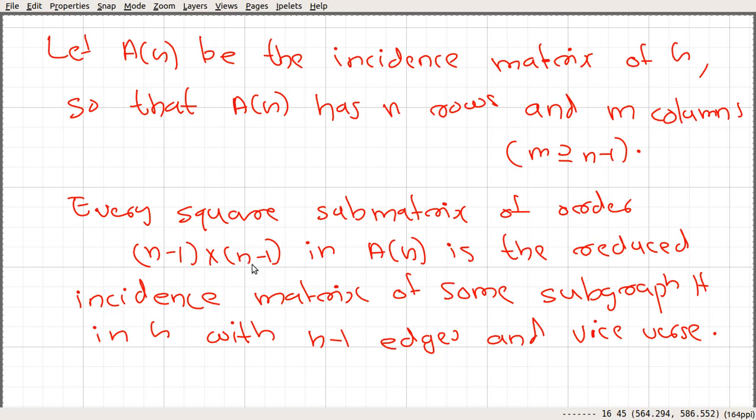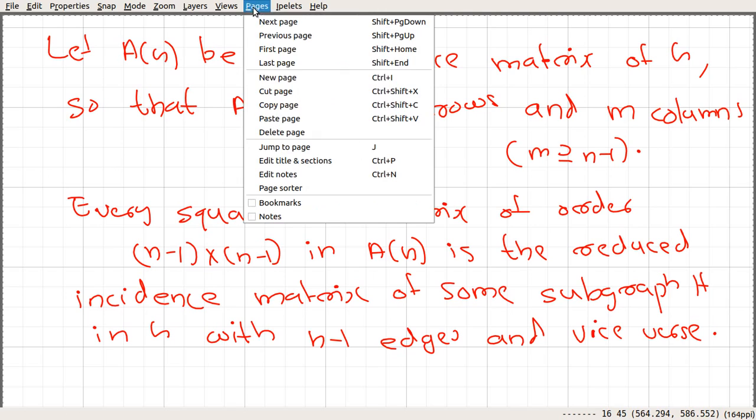So we know that a square submatrix of the incident matrix is non-singular if and only if the corresponding subgraph is a tree. We proved that result in the previous video.